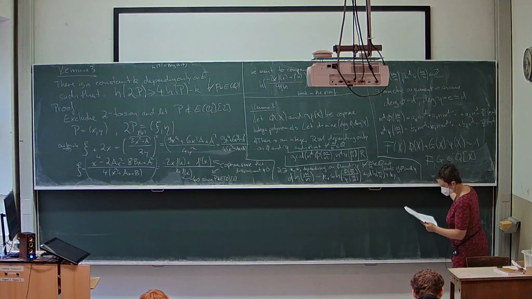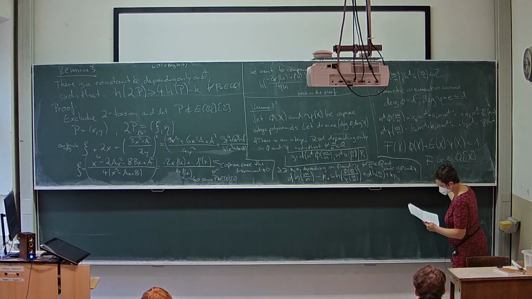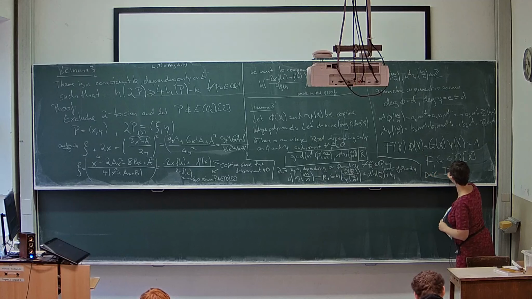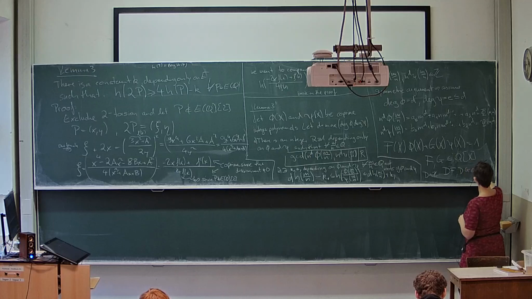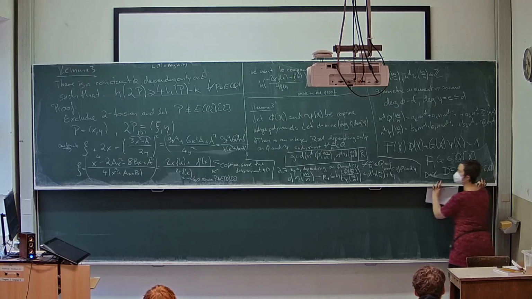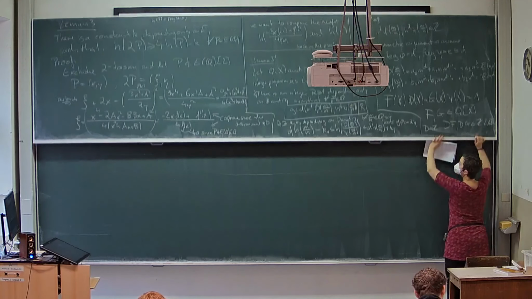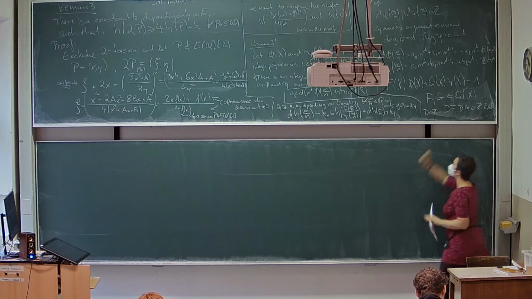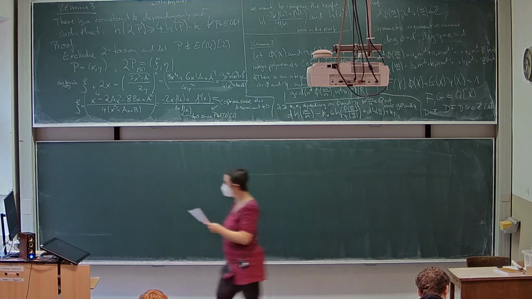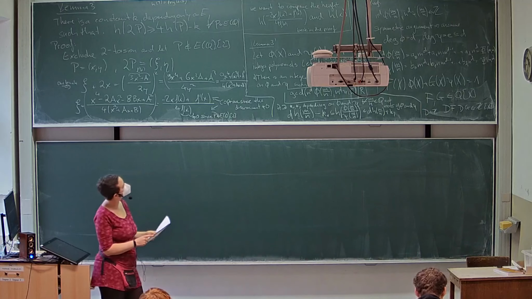Oh, I called that A, that's not so. D. We take D such that D times F and D times G are then integral polynomials. D for denominator.